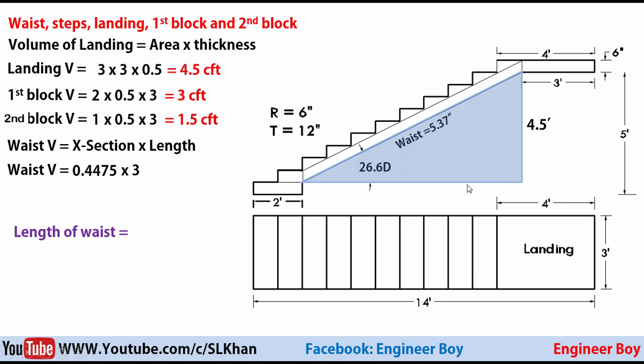The base of the right angle triangle must be 9 feet because it covers 9 steps, and the tread, or breadth, of one step is 12 inches, or 1 foot. By the Pythagorean theorem, the length of the waist is the square root of 9 squared plus 4.5 squared.